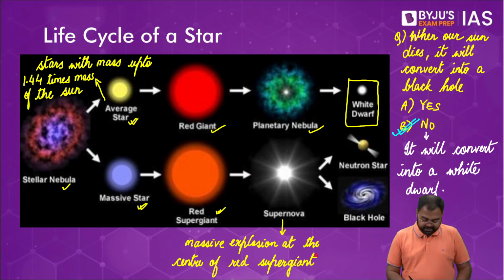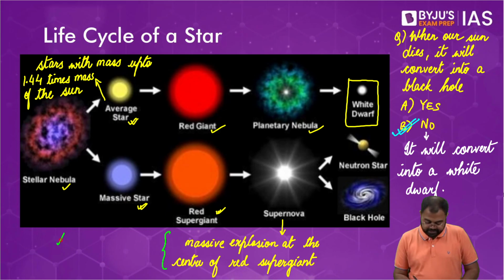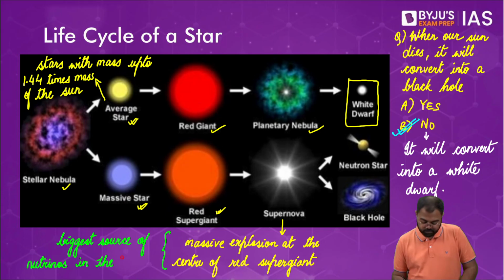Massive explosion at the center of a red supergiant, and just remember that they are the biggest source of neutrinos in the universe.